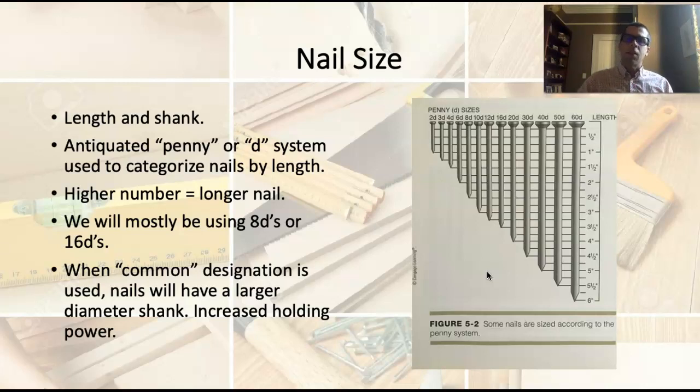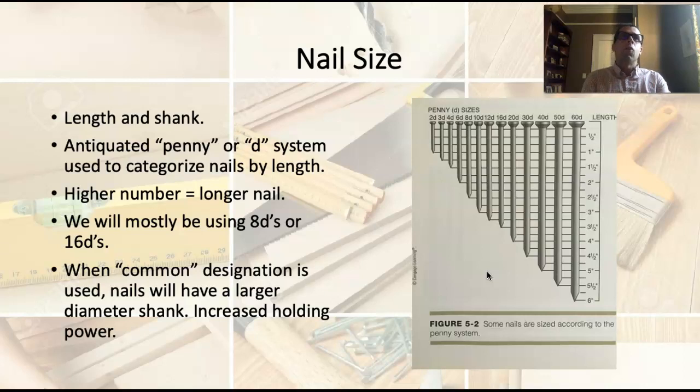Ds and pennies are interchangeable, and it's kind of silly, kind of antiquated, but the D, from what we can tell, is from, I think, the Roman word for coin, denarius. That's where that comes from.